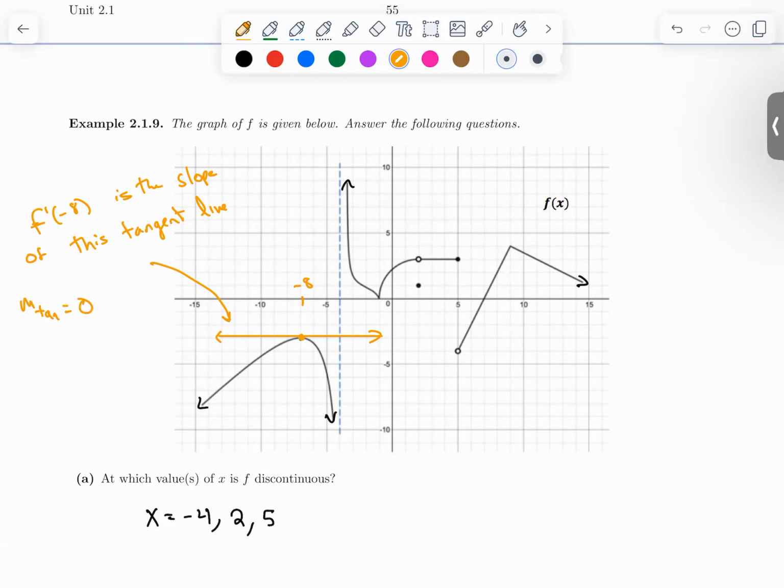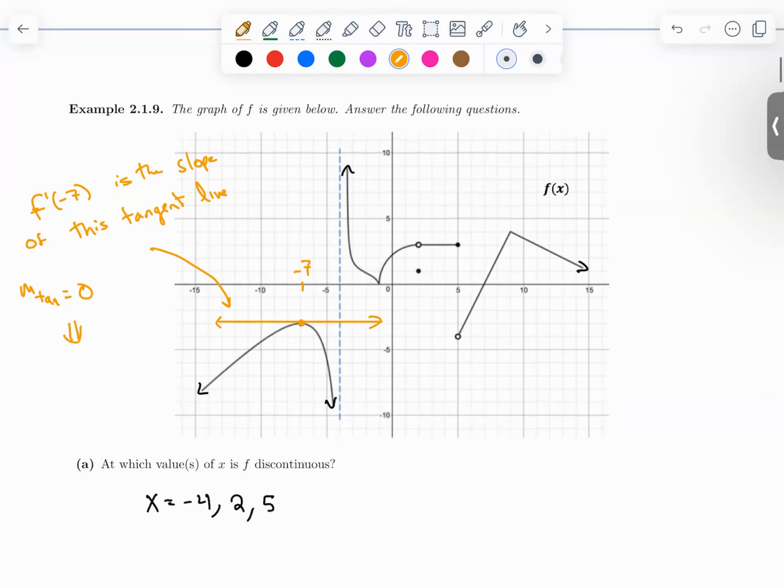That's looking for -7. Sorry, I can count. Since m tan is equal to 0, that means that f prime of -7 is equal to 0.